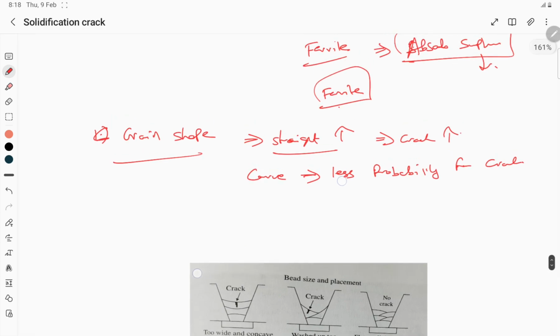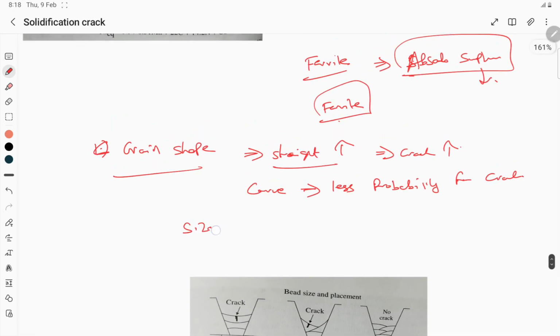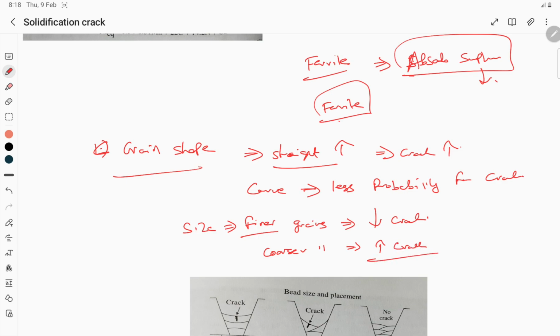And depending upon the size, finer grains will minimize the possibility for the formation of crack. Coarser grains generally will result in cracks. That is what is found in the literature.